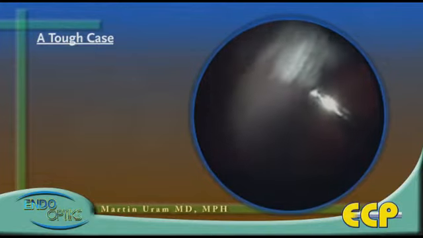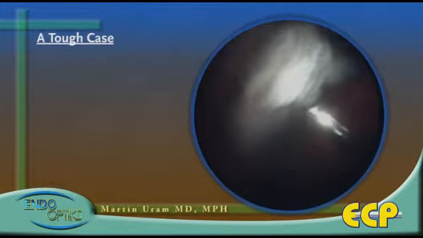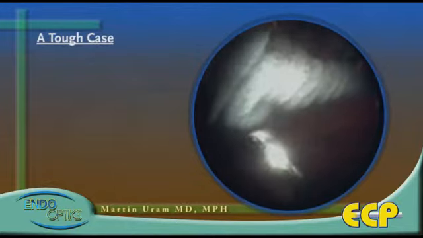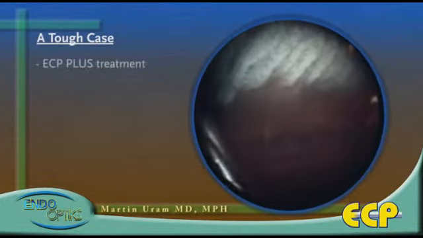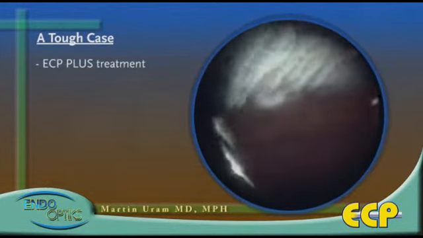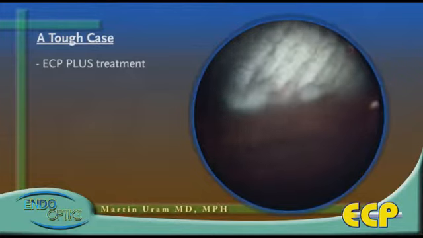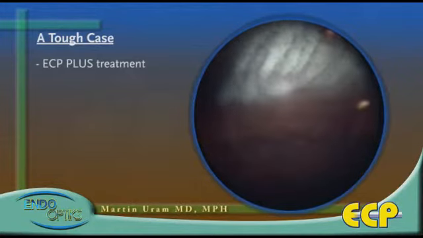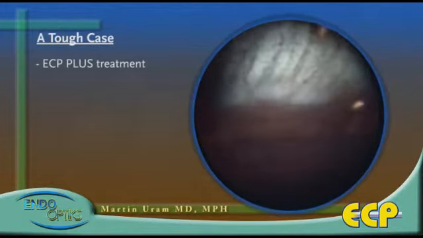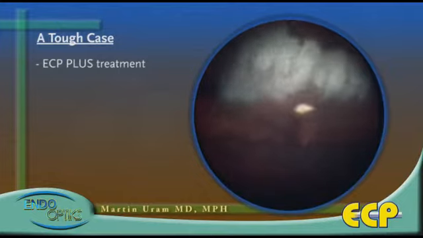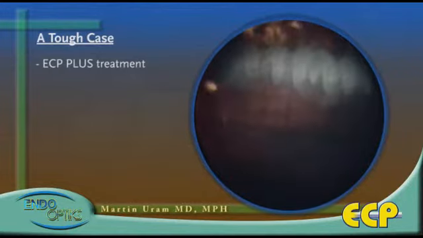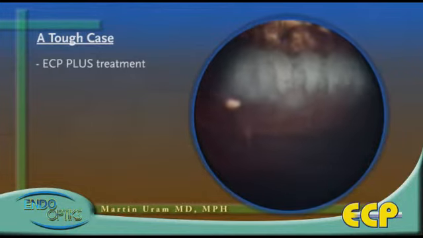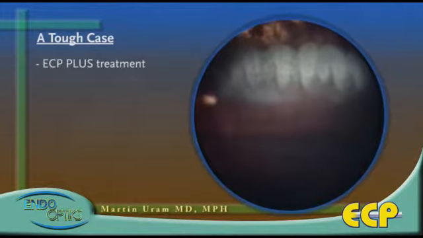If some of the photocoagulation spreads onto the pars plana in an attempt to reach the tails of the processes, this will also give us an additional benefit in controlling intraocular pressure in these refractory glaucoma eyes. This is the plus treatment of ECP, where the processes plus a confluent row of the pars plana is photocoagulated.